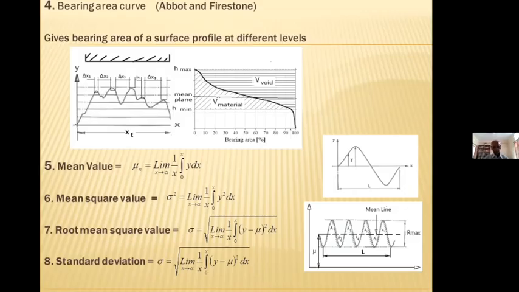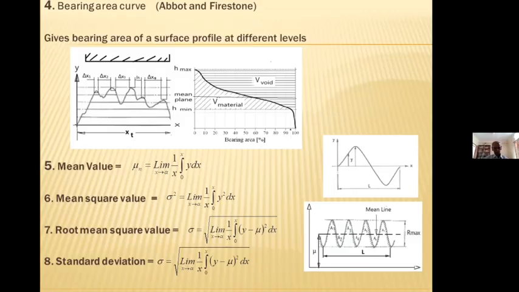So this is the root mean square value with reference to some other coordinate. This root mean square value is basically the same as the standard deviation, and this is a well-known parameter that is used all over.